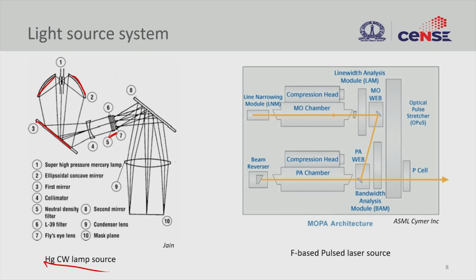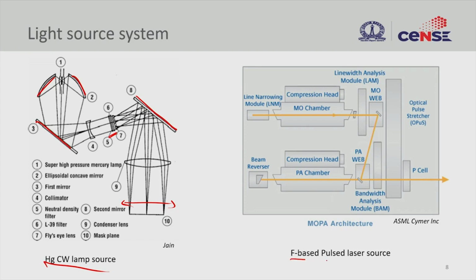And then you have another illuminating optics, which is trying to make a uniform distribution, right? So you have a lamp sitting here, and with two mirrors, you get a very uniform illumination onto the wafer, and to the mask plate in this case. So the system is very simple optics.